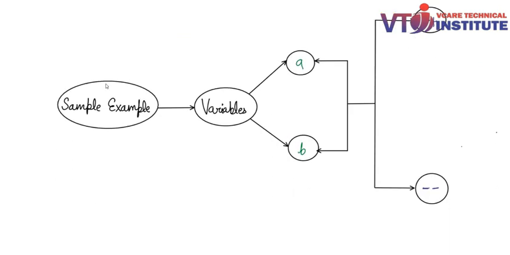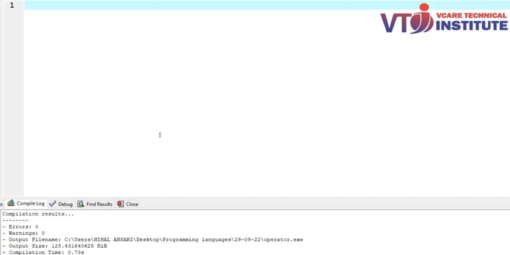Here we have a sample example in which we have two variables, and we are just incrementing and decrementing them. So let's make a program and move to our compiler again. Let's write the program by writing working of increment and decrement operator.